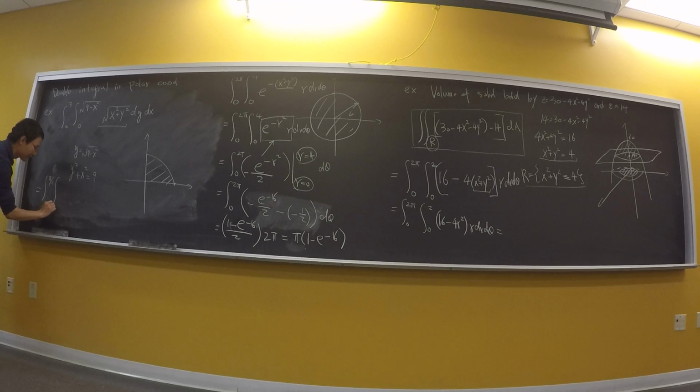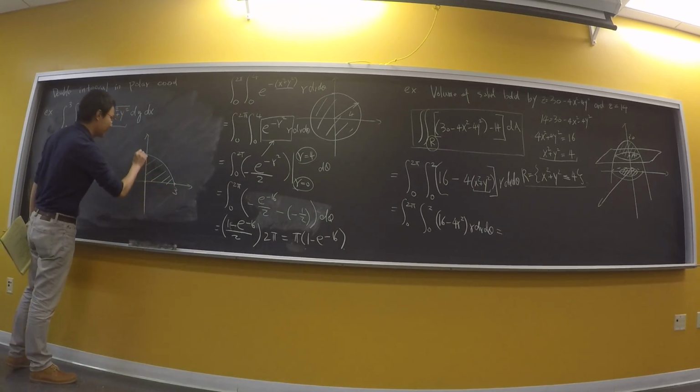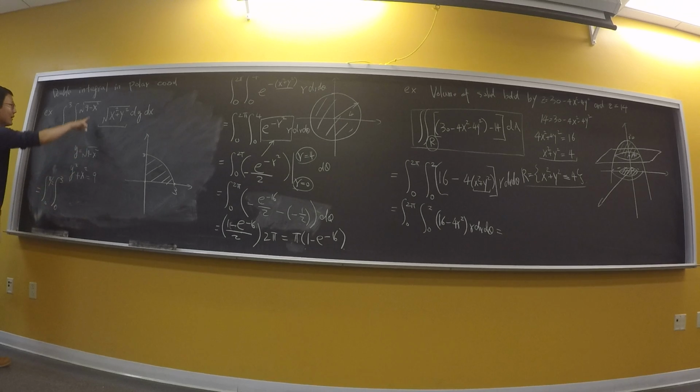And the two radii are from 0 to 3. Then the square root of x squared plus y squared is just going to be r. We agree r has to be always non-negative, so the square root of r squared is just going to give you r. But I don't want to forget about one extra factor r here, so r dr d theta.